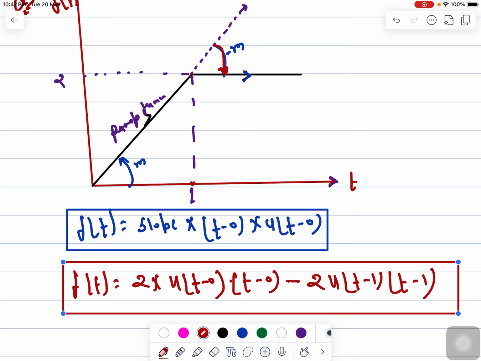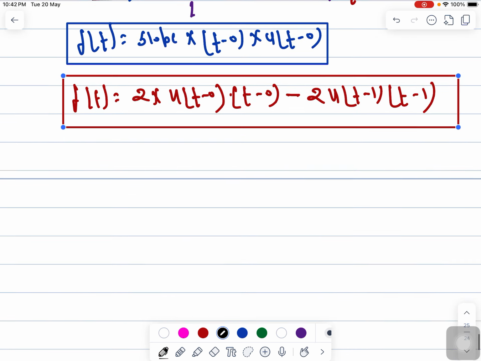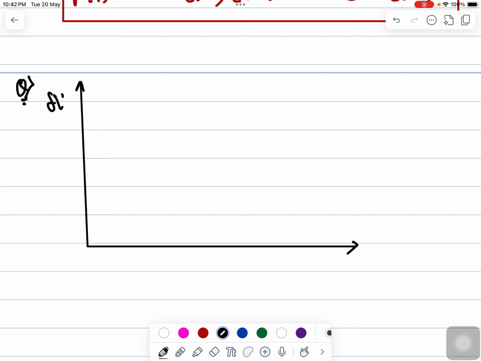So let's try to understand one more problem here that will clear most of the concepts associated with this particular topic. So let's say we have this kind of function. If it is f(t) versus t, and it goes like that. Is that clear?